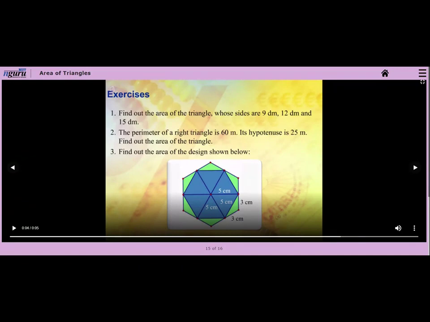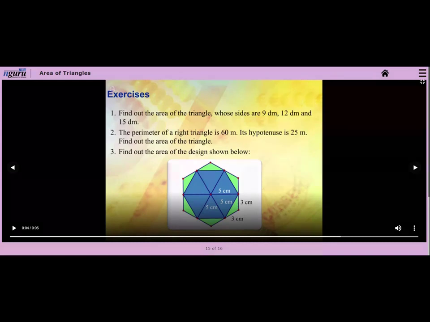How many green parts are there, ma'am? 6, ma'am. Six green parts and blue. So you can find out the area of one blue part and one green part and then add it up. Multiply by 6 and then add. Okay?